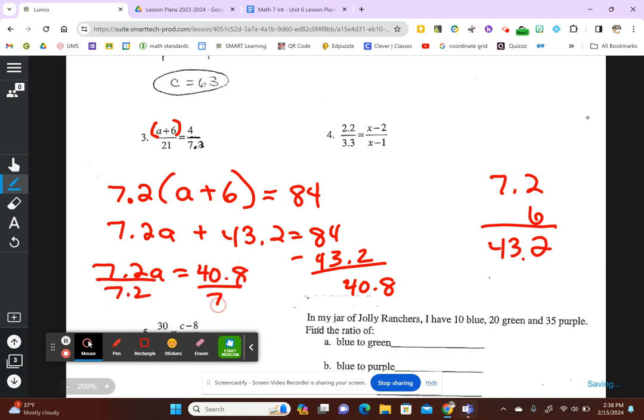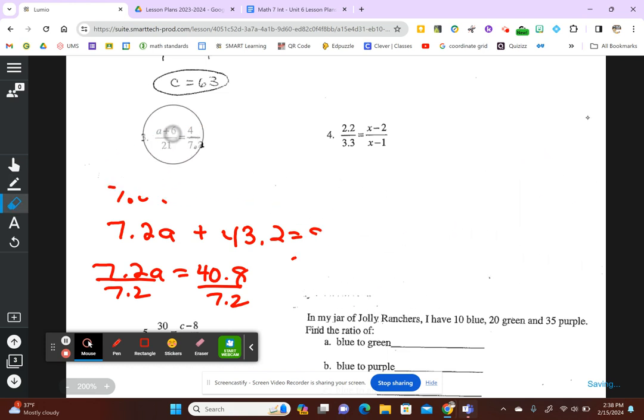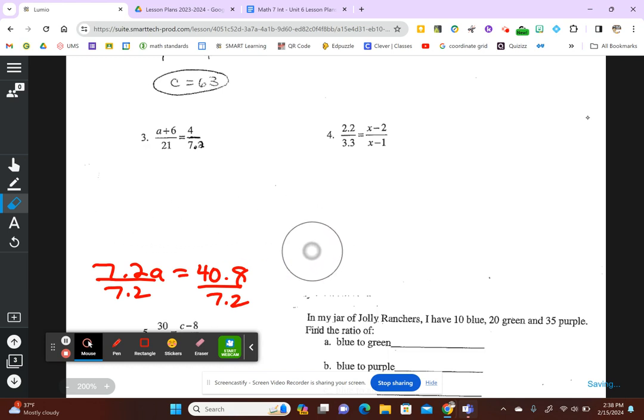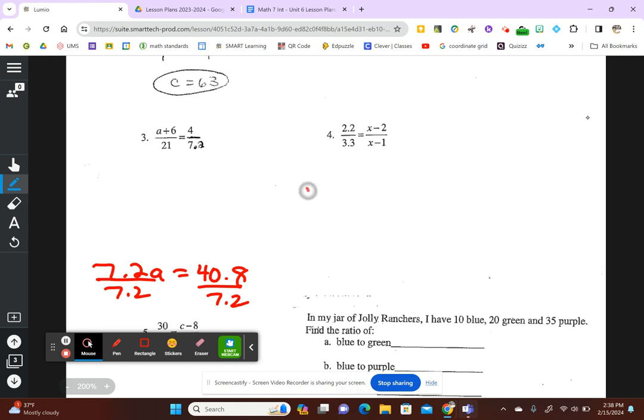And again, this is a little complicated, but you do have to show you know how to divide by decimals. So I'm going to change this to 408 over 72, because personally I'd rather do that.